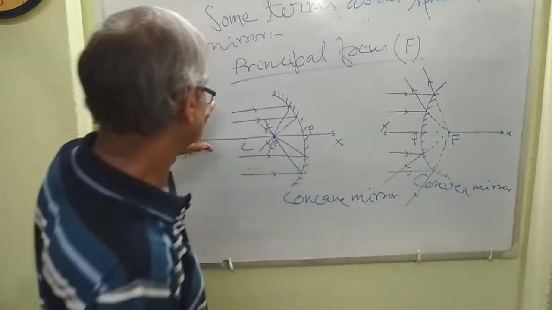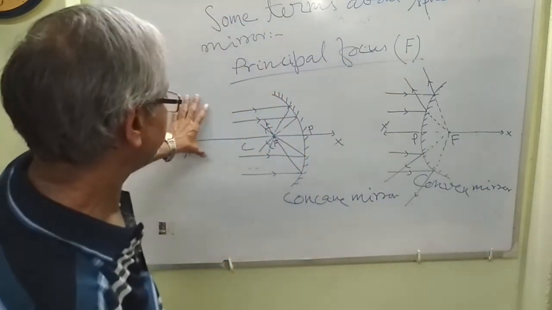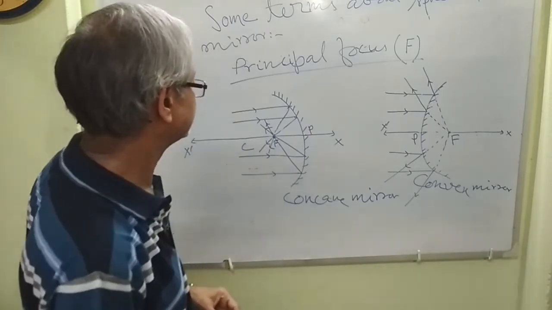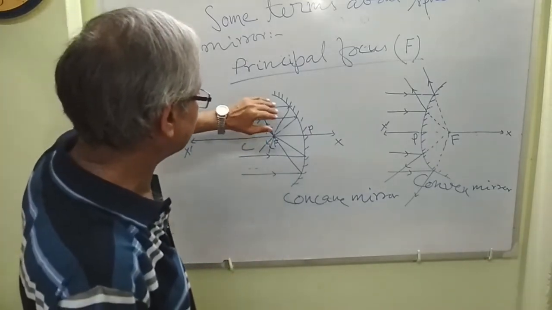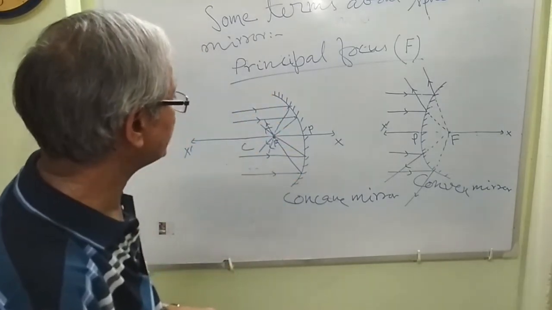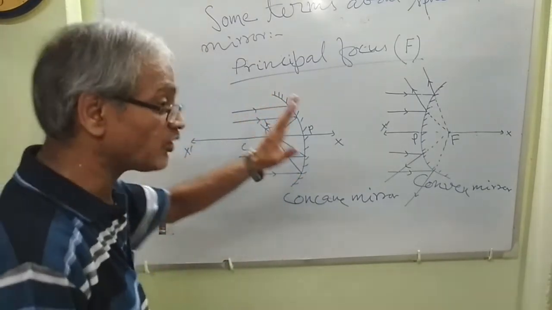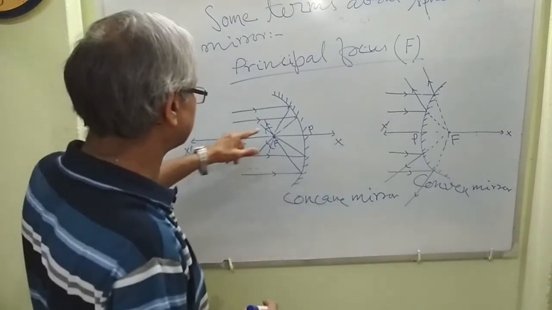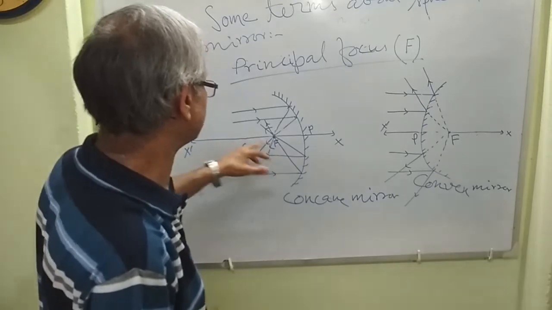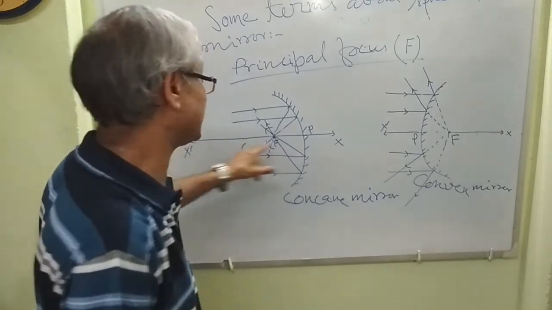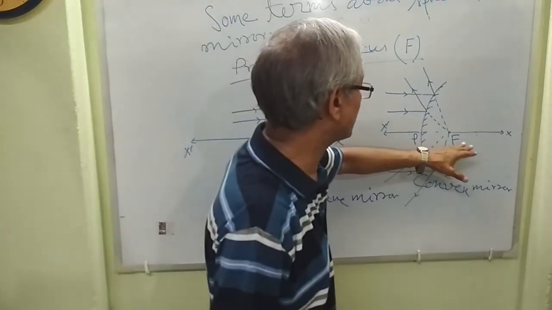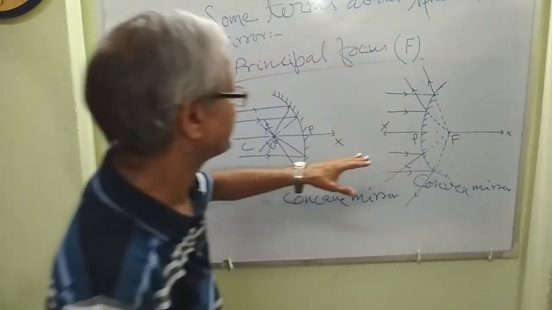That is, we discuss it again. If a parallel beam of light rays are incident on the reflecting surface of a concave mirror or convex mirror, then after reflection they meet at a point on the principal axis, or appear to diverge from a point on the principal axis.